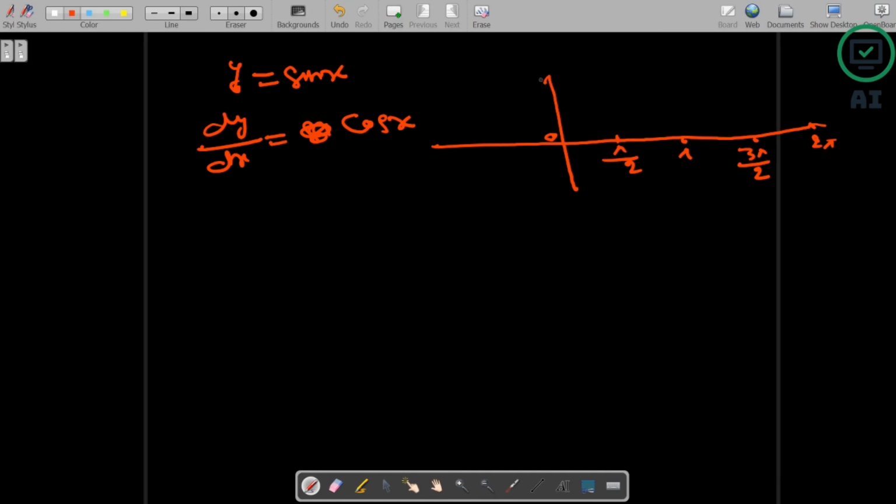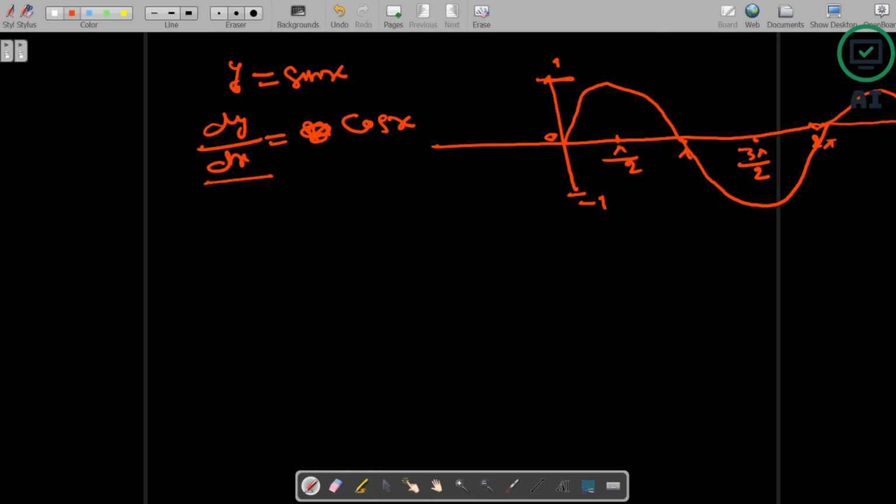The range of sine x is 1 and minus 1. The value will not go beyond 1 and minus 1. So it will be like this. Then it will go to minus 1, and then similarly it will go here. So this is sine x.